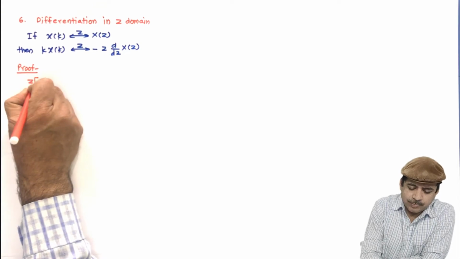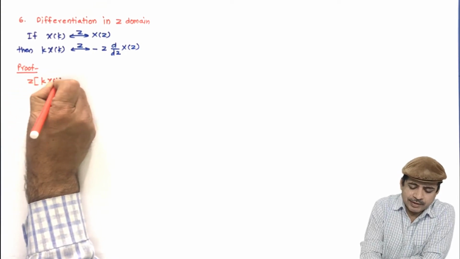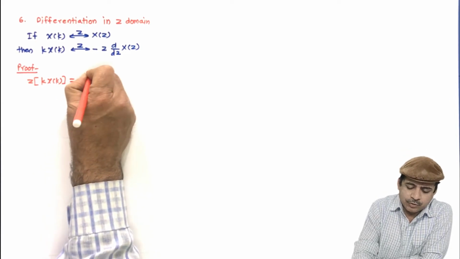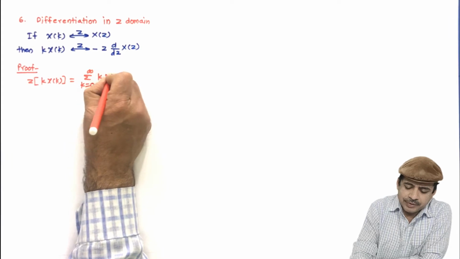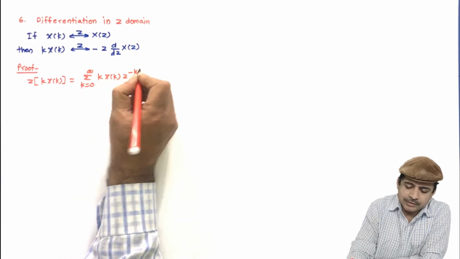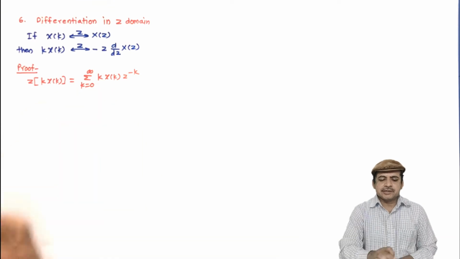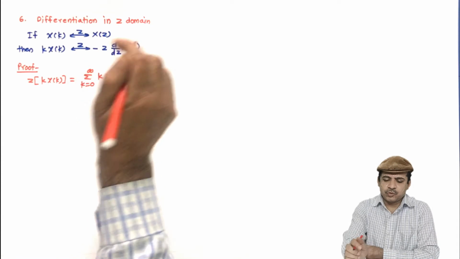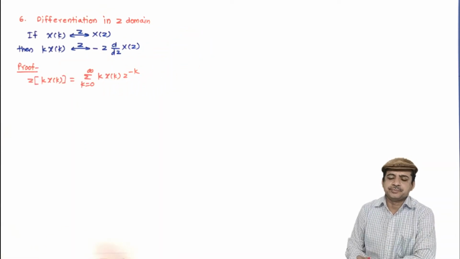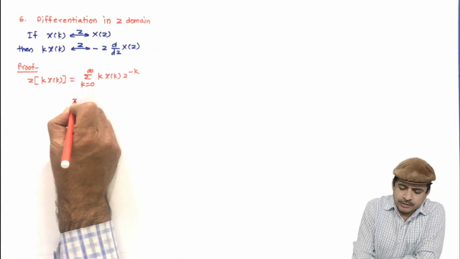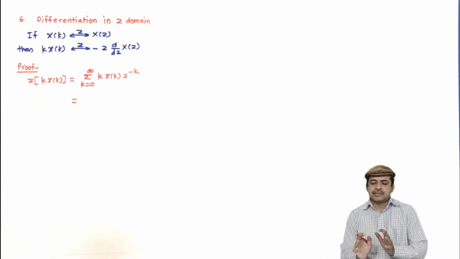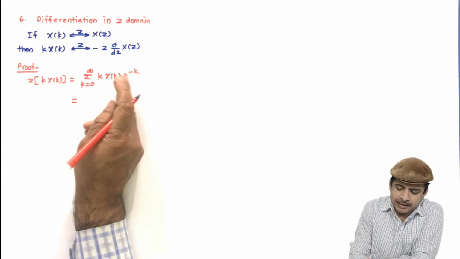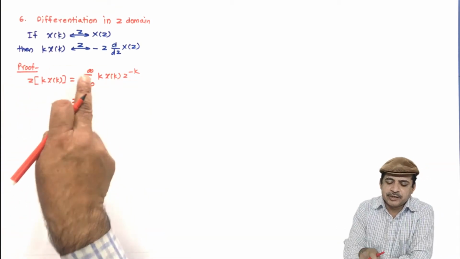So the z transform of k x of k will be equal to the summation k equal to 0 to infinity of k x of k z raised to minus k. Now solving this summation becomes difficult, and hence we will make some mathematical adjustments. I will take one z common out of this, and it can be taken out because this summation is related to k only.